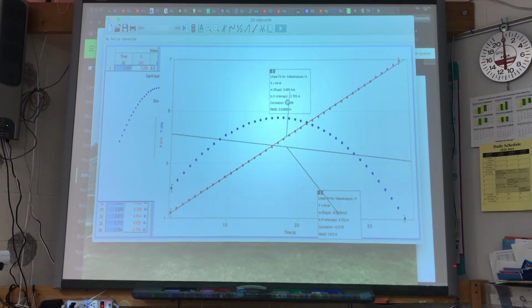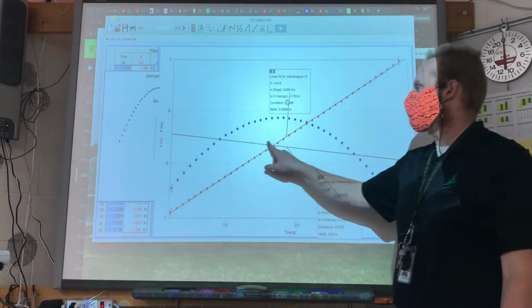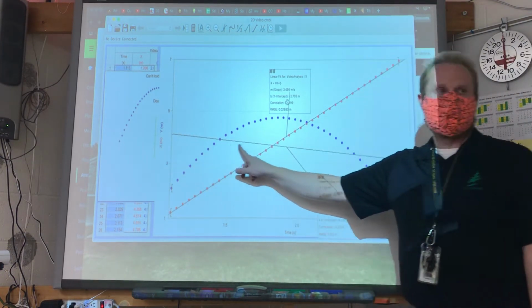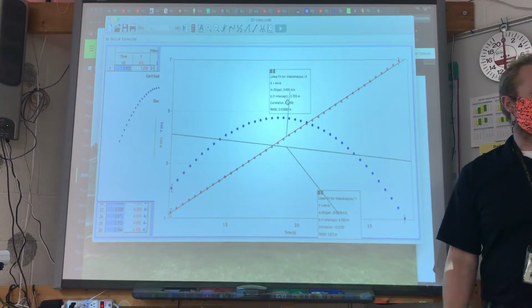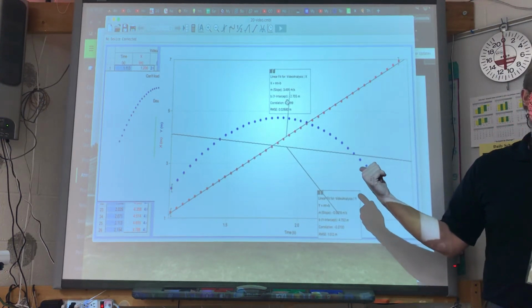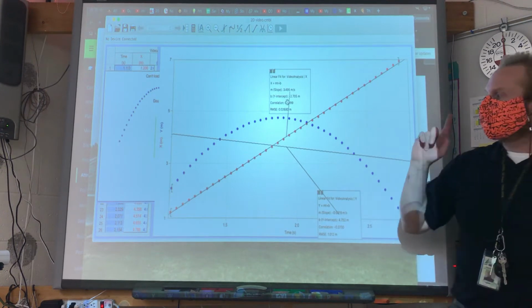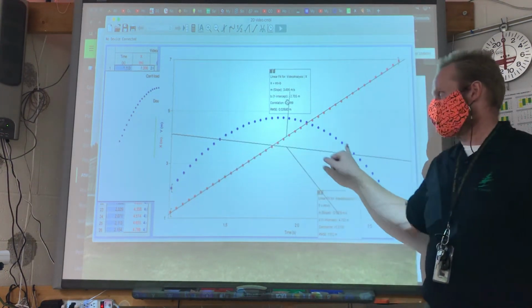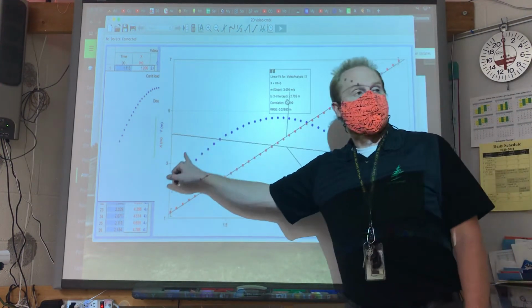If we take a look at that blue line, this line right here is the best fit line for this blue line. And I hope you say, that does not fit very well. You're right, because it's a parabola, and trying to draw a straight line through a parabola is not a good choice. Okay? But what's true about the slope of this line? Is it constant or changing? It's changing, right?